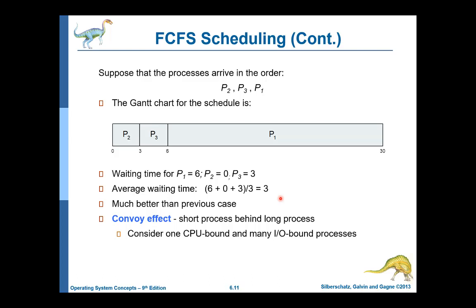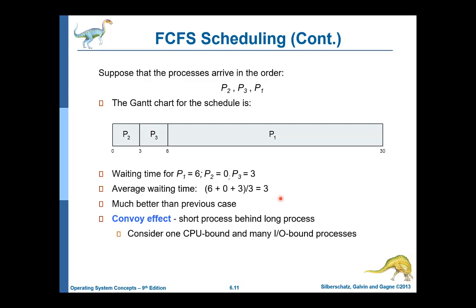So first come first serve scheduling has this problem. We can consider that there is one CPU bound and many IO bound processes. Now CPU bound, if you remember from the last chapter, in chapter 3 I think, is a process which has a small number of CPU bursts, but each burst is very long.